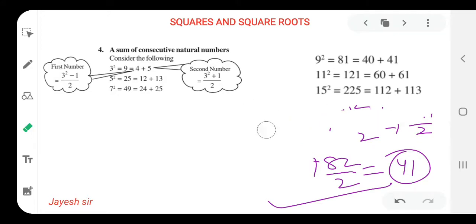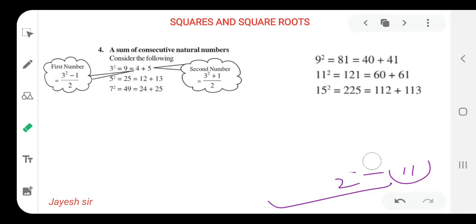11 square is 121. I can suggest a shortcut for this: 11 square, that means 121. Subtracting 1, that means 120 divided by 2 will result in 60, and 122 divided by 2 will result in 61. So the two consecutive numbers we can directly find as 60 and 61.